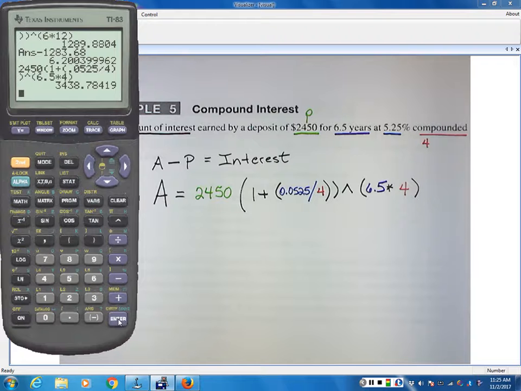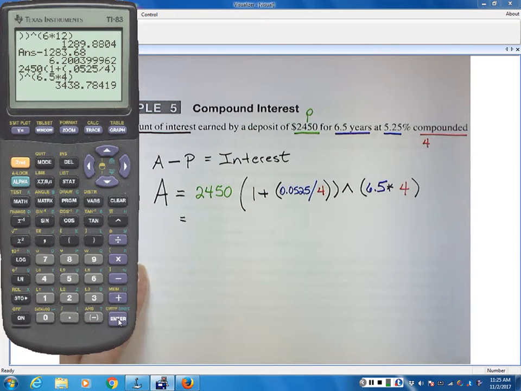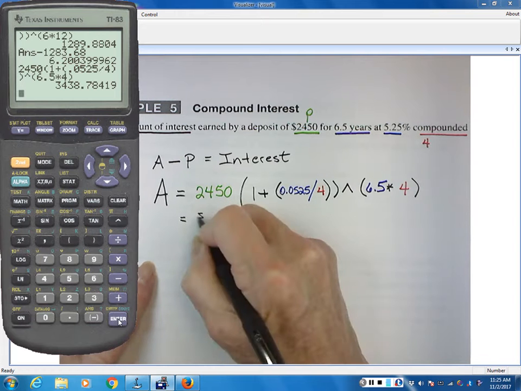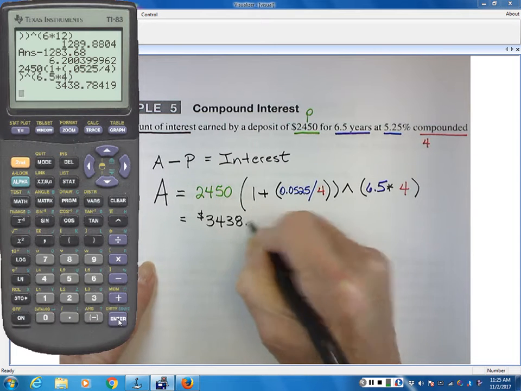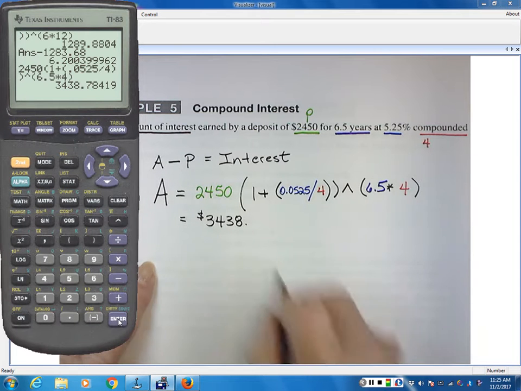So the compound amount is going to be $3,438 and 78 cents.